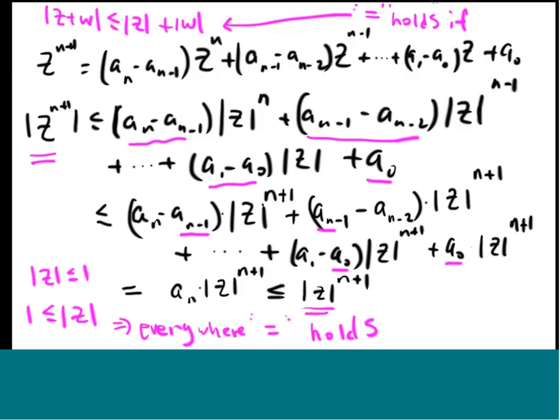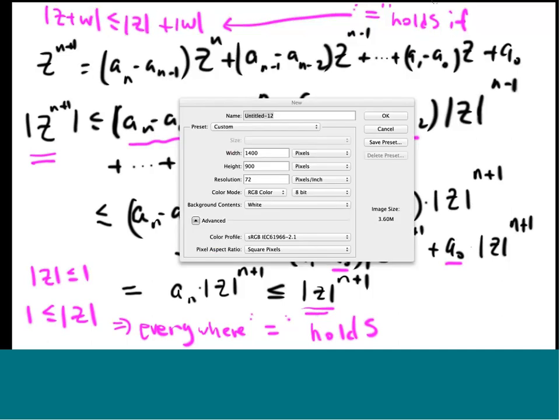Anybody remember it? We even did the exercise with it last time. Who remembers it? When they're both positive? When they're both the same sign? Yeah, if they're positive or negative, or if they're both 0.